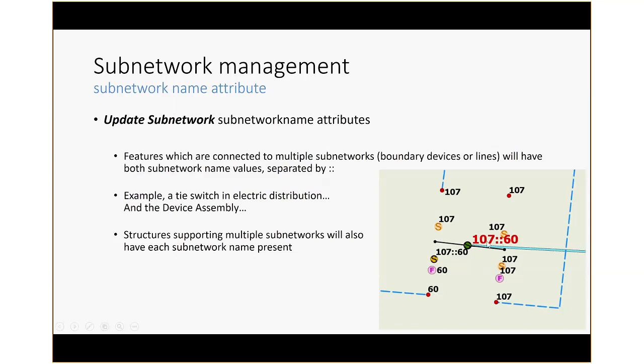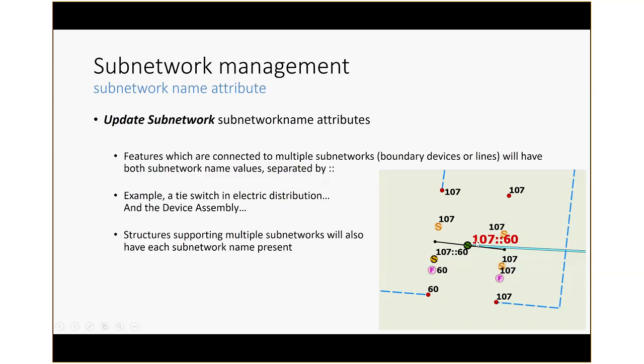The 107 and 60 in red, that's the label for the container of the switch gear. Not only are we updating the subnetwork name on the junctions, device, and line features, also the assembly, which is the container. Often there are containers that may contain devices connected to different circuits and subnetworks. So again, we update it, and you would see multiple values there.